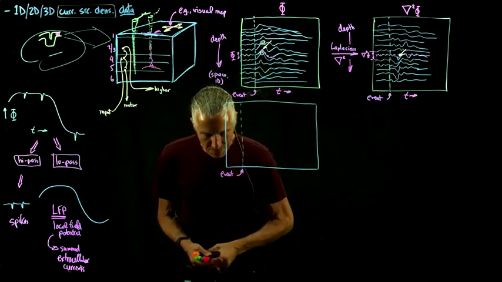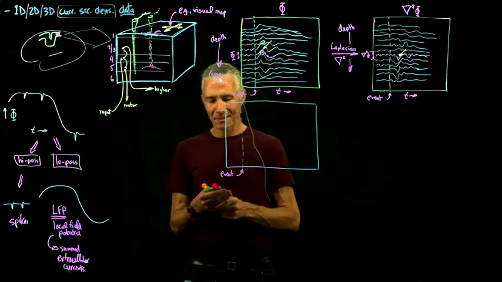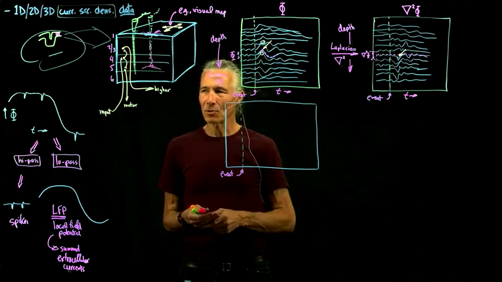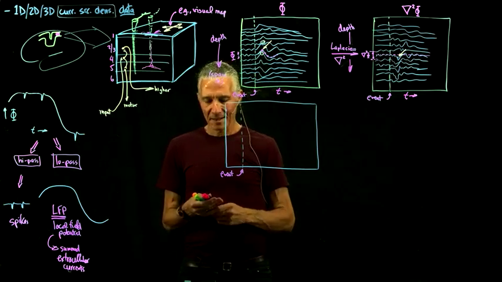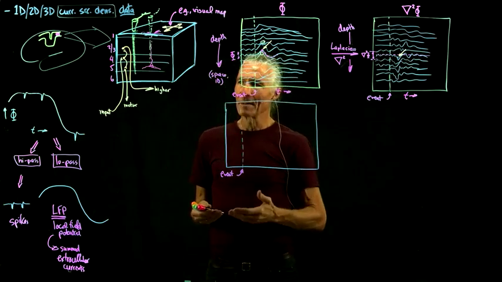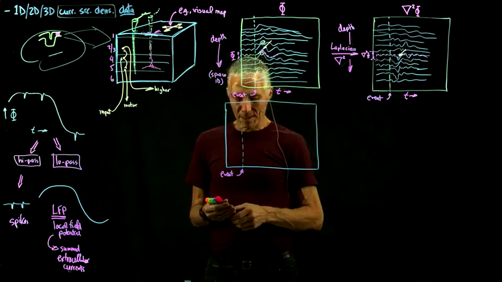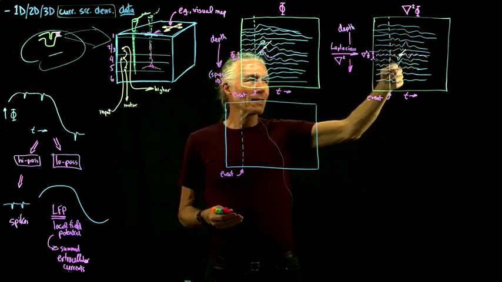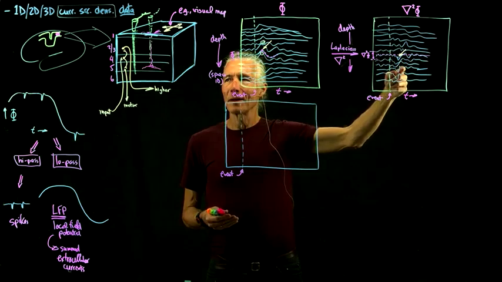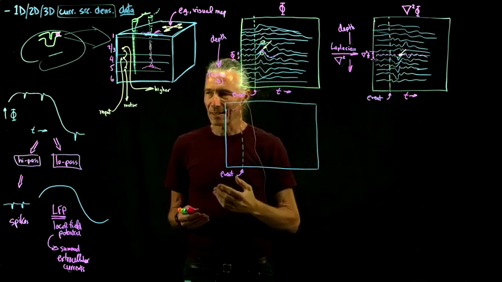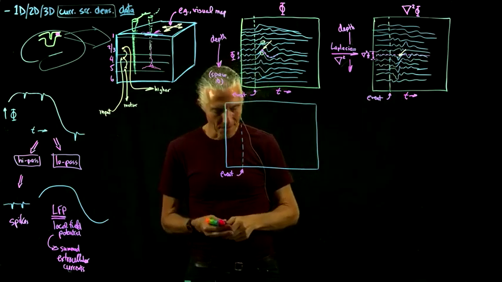I'll shade in the sinks and leave the sources as an opening. Sources and sinks are just positive and negative current source density. So if we do this calculation and color it in by whether it's positive or negative, that will tell us where the sources and sinks are.